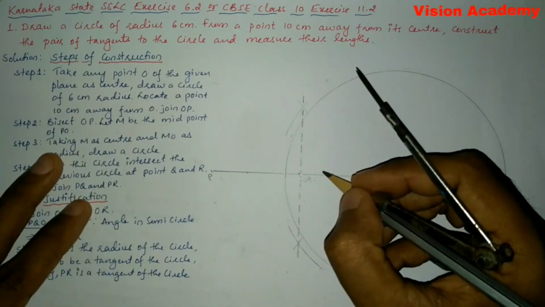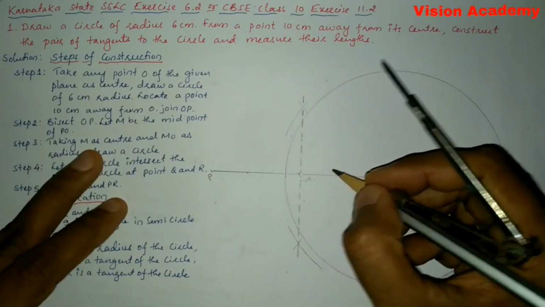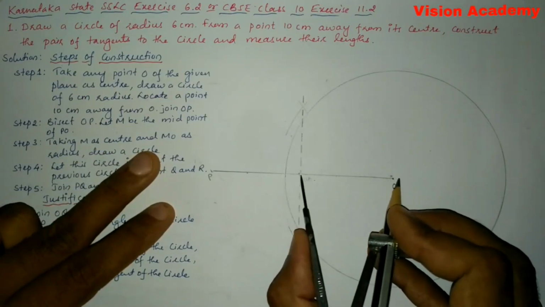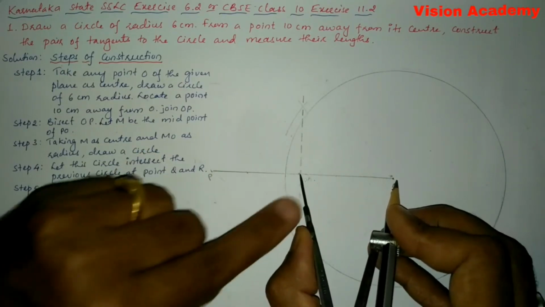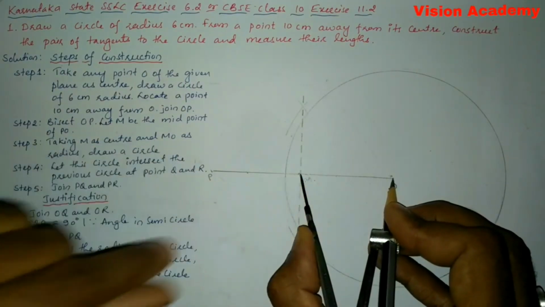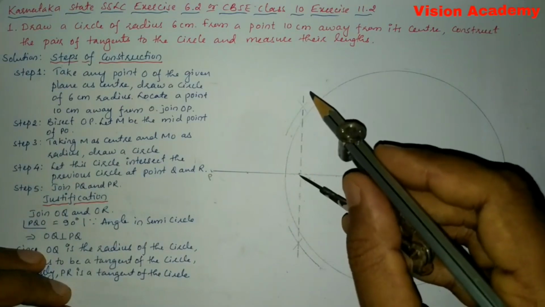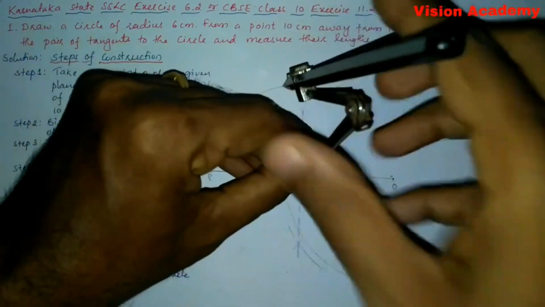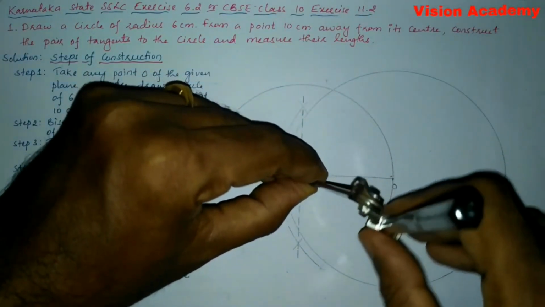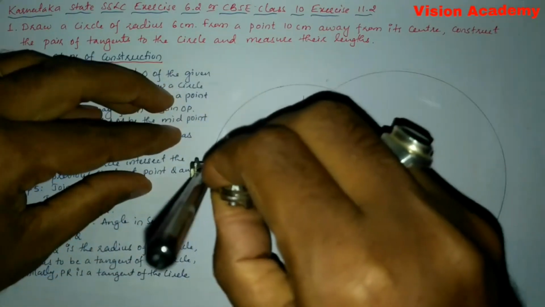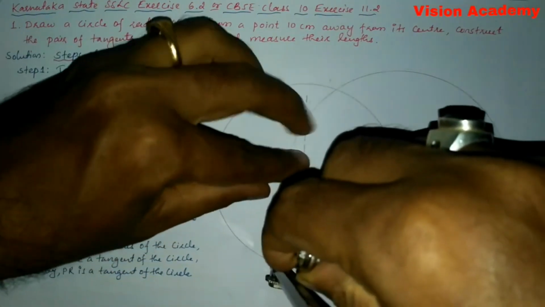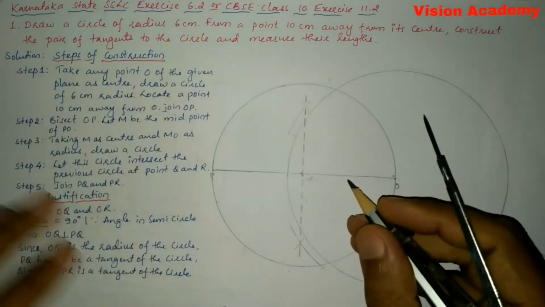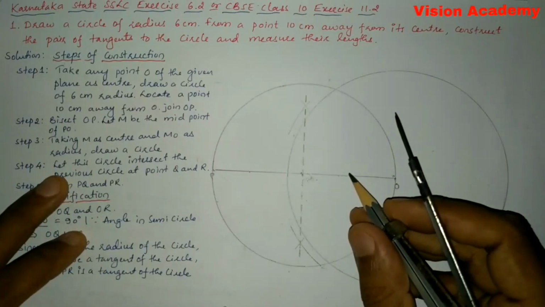Now let us move on to step 3, taking M as center and MO as radius. So that is M as center and here MO as radius. We need to draw another circle keeping on point M. Now let us go for step number 4.